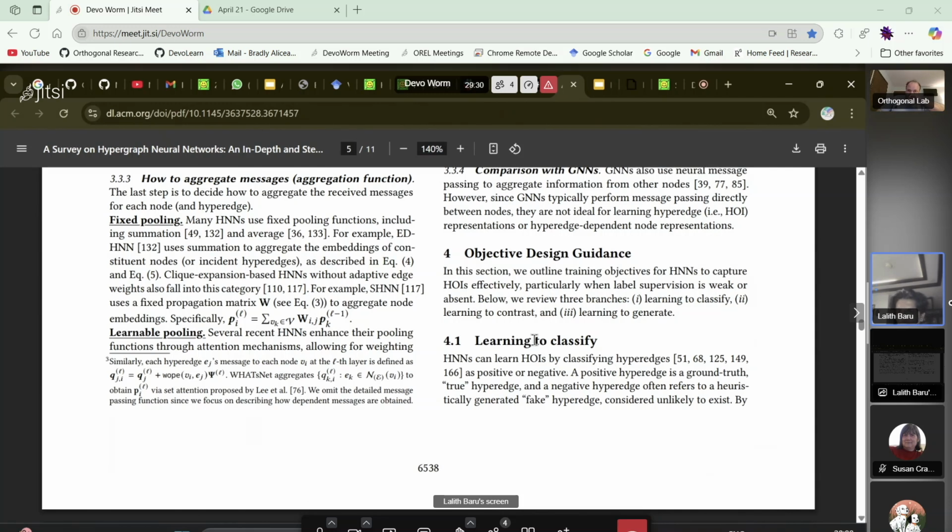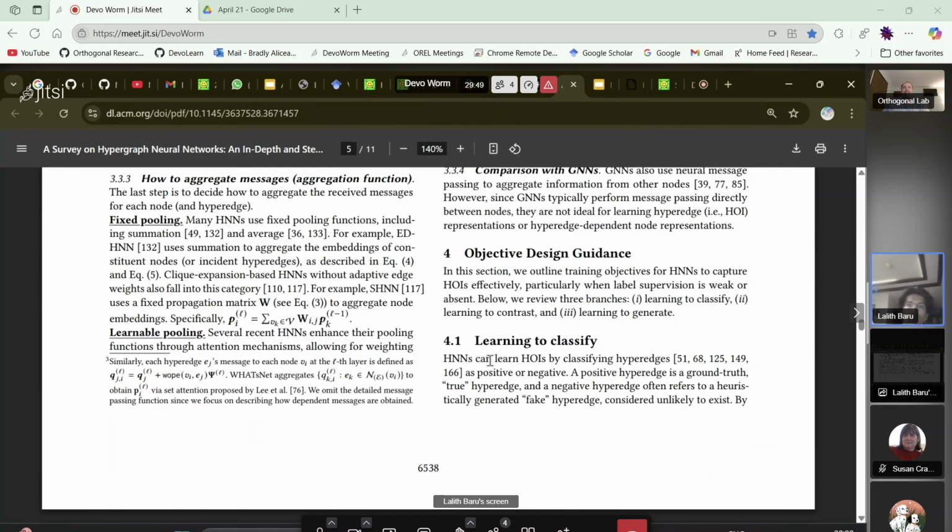So how can we formulate and learn to classify, learning to contrast, or learning to generate these things? The objective function is one of the fundamentally important things we do to get our hypergraph neural network to learn.